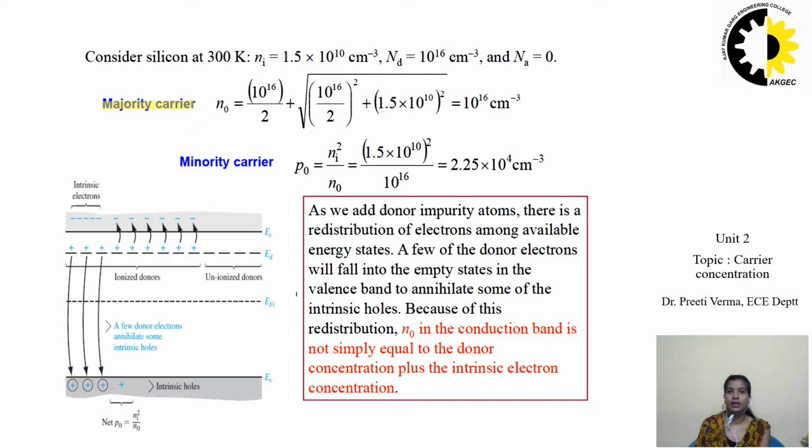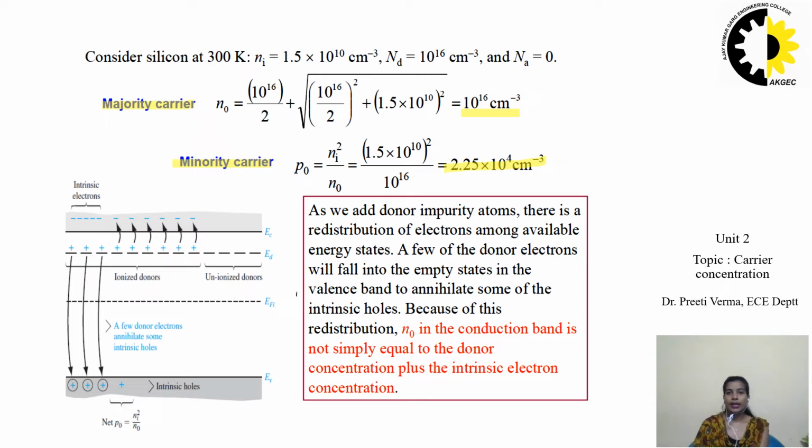Solving this, we get the value as 10 raised to the power 16 per centimeter cube. Similarly, the minority carrier p naught we can find as ni square upon n naught, which is (1.5 times 10 raised to the power 10) whole square divided by 10 raised to the power 16, equal to 2.25 times 10 raised to the power 4 per centimeter cube.